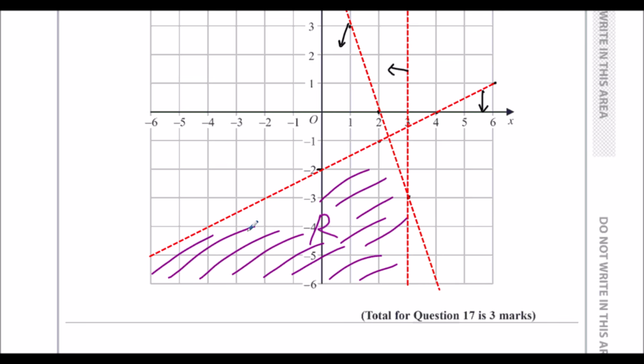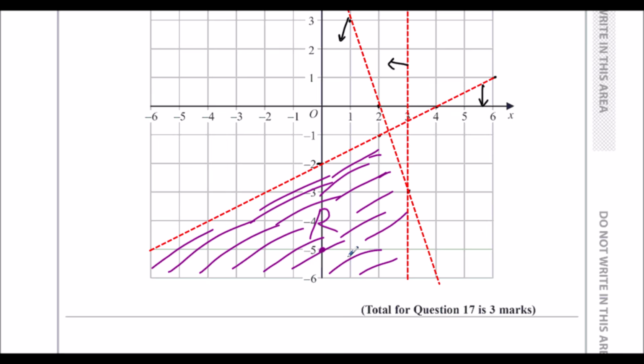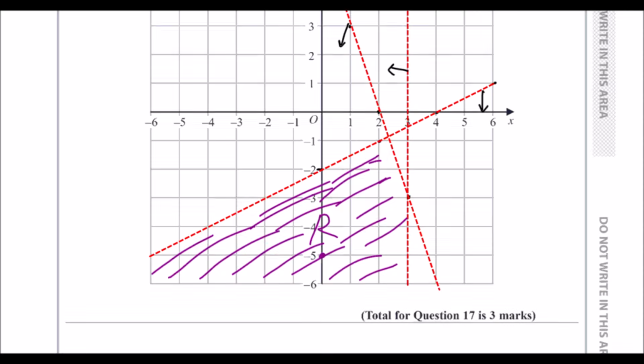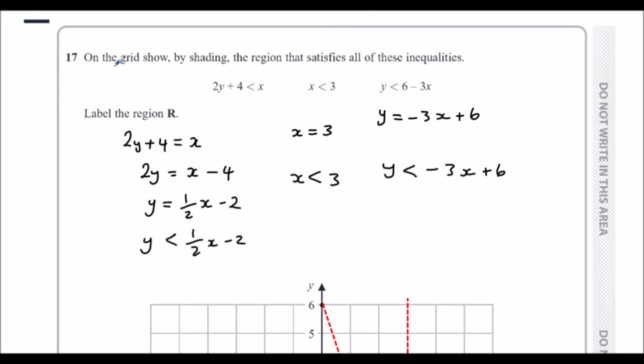And we can check that with a coordinate. So let's pick a point in here. So let's say 0, minus 5. This point here, 0, minus 5, should satisfy all of the inequalities.